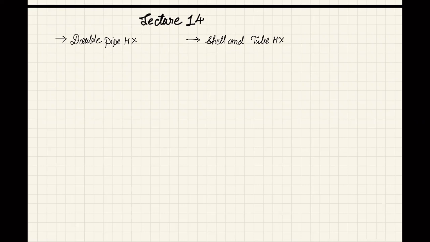So they are the plate and frame type and the fin type, which is also called an extended surface type. We'll be discussing this a bit later in the course.